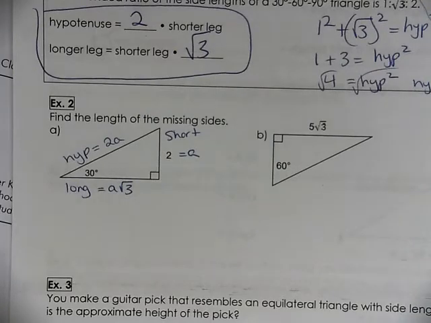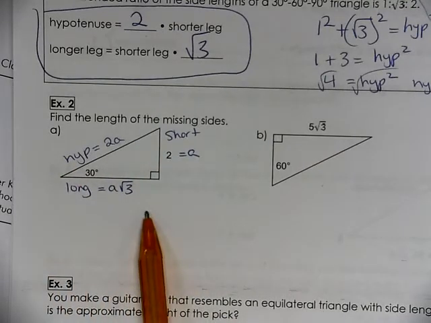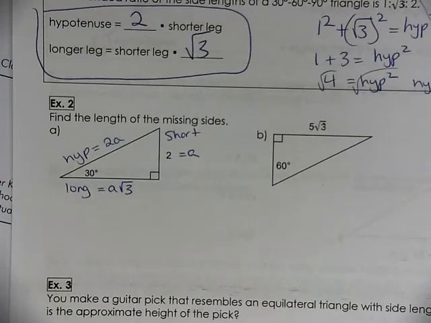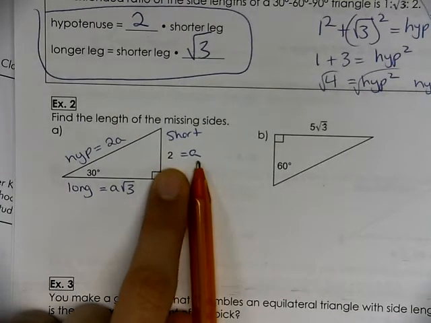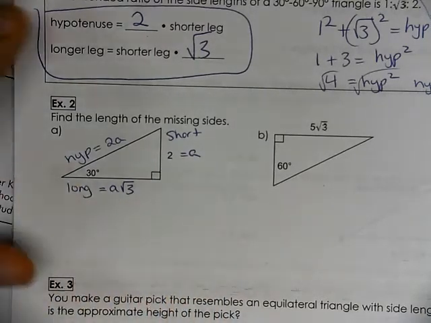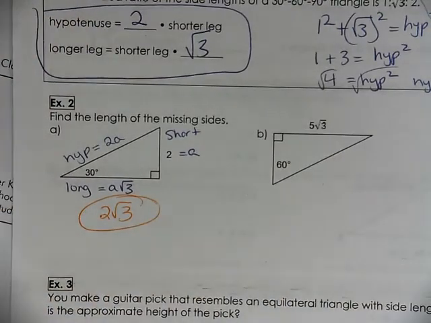There's really not a whole lot of work for you to show for these problems. This is my work. When you get better at it, you don't even have to show this. I can just do it in my head. So if A is 2, if my short leg is 2, what's my long leg? Just 2 root 3, and you don't actually have to multiply.